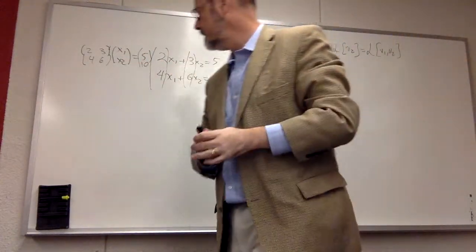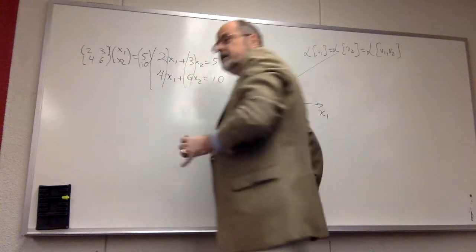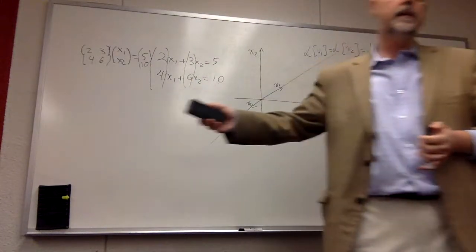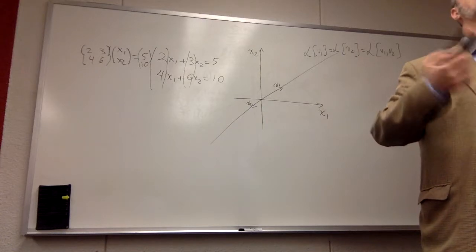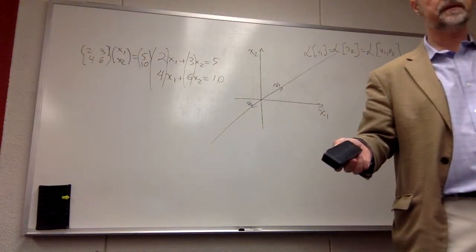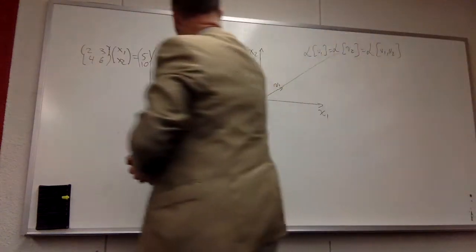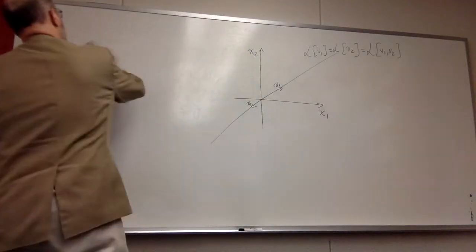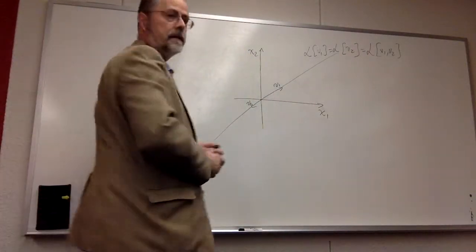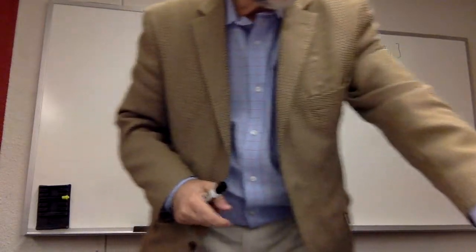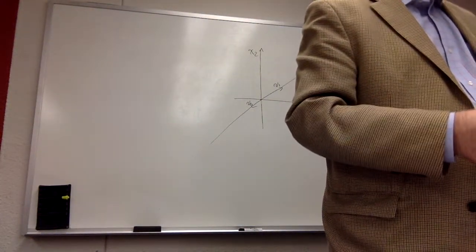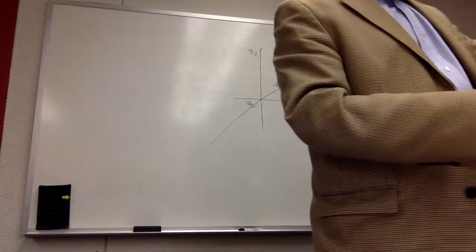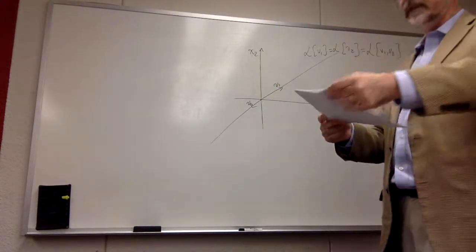So that's why we need the concept of independent vectors, and this is one hint of how it relates to linear equation systems. So now let us define independence of vectors. I have linear dependence defined.